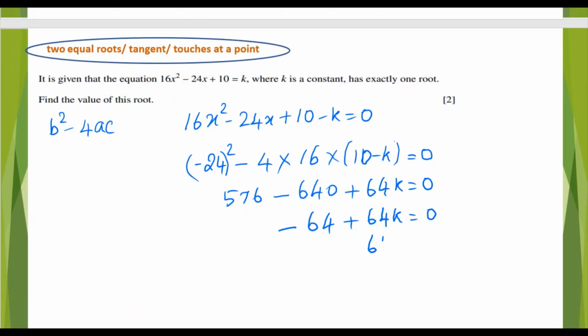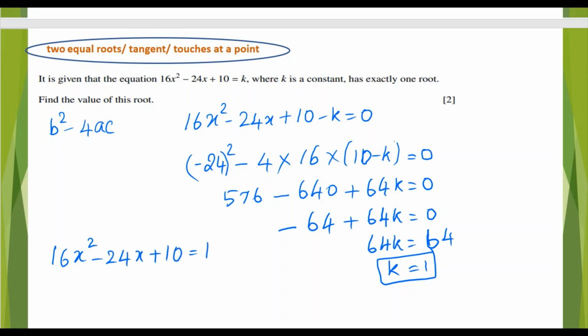So 64k equal to 64, or we can write k is equal to 1. So it's given: find the value of this root. You have to find a root, not only finding the value of k. So substitute k value as 1 in the given equation. So you'll get 16x squared minus 24x plus 10 is equal to 1.